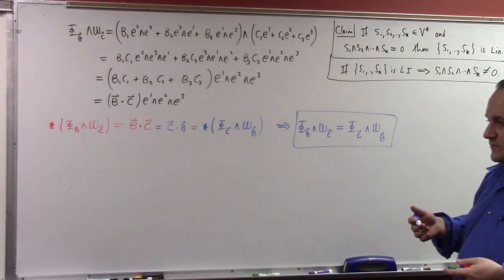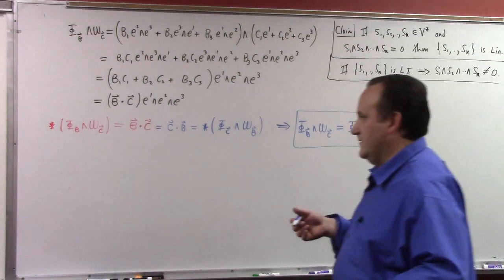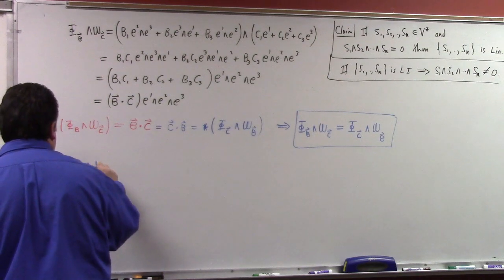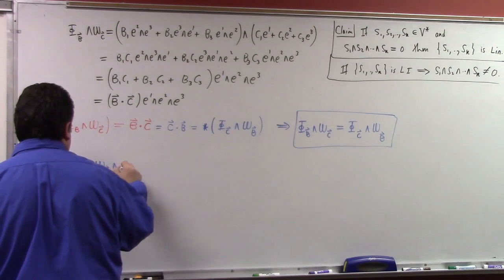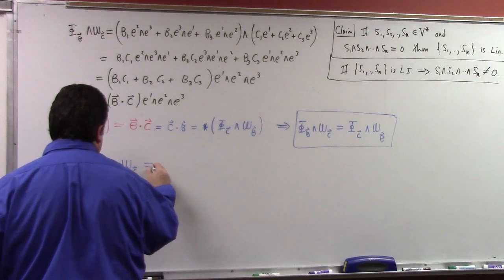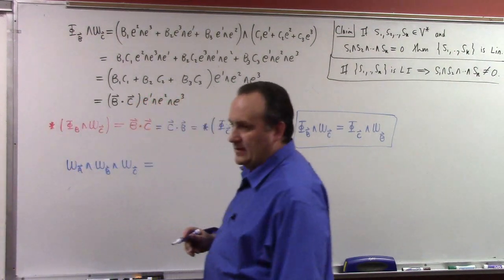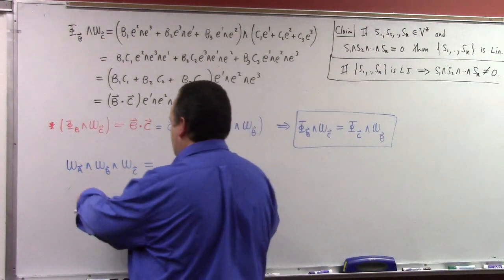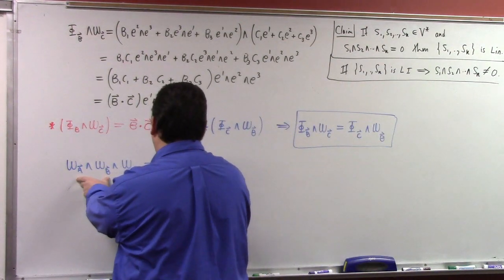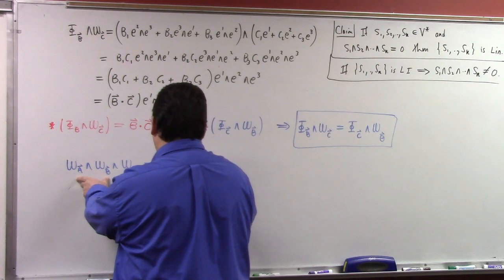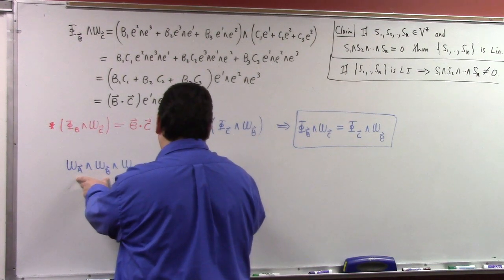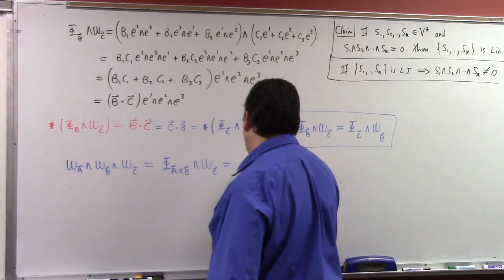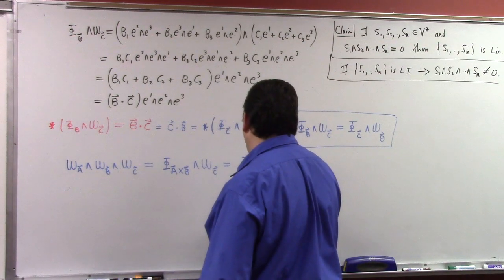One other thing we could do would be the triple wedge product, right? What would omega A, wedge omega B, wedge omega C look like? So that's going to be what? That's like the flux form, A cross B, wedge with the work form of C, right.